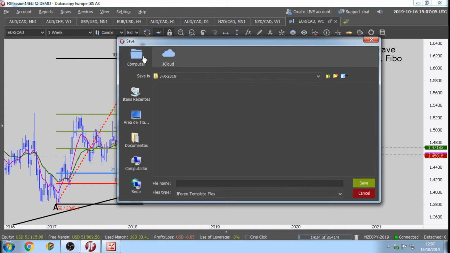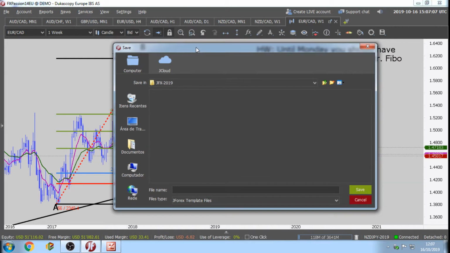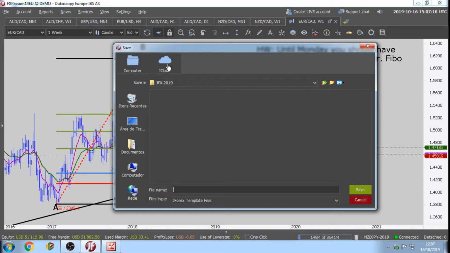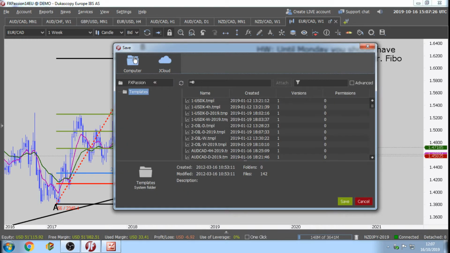So it would be wise, everybody, that you have your charts on your computer or laptop, and also saved on the JCloud. Because sometimes if something happens to your computer or the hard disk crashes, it is going to erase all of your charts, but you have the JCloud, so you can save your charts.